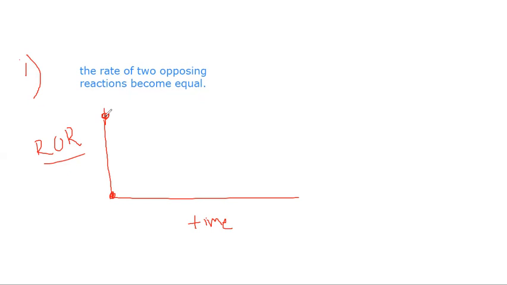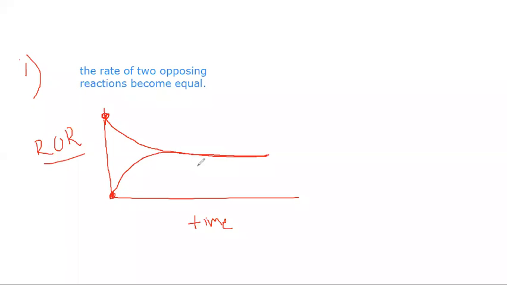When the reaction starts, the concentration of the reactants decreases and the rate of reaction increases. The time comes when the rate of the reactants moving forward becomes constant, and while the reactants are decreasing, product formation increases, and the time comes when the product formation becomes constant.